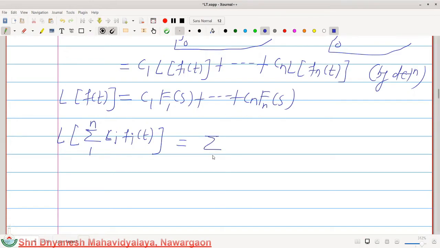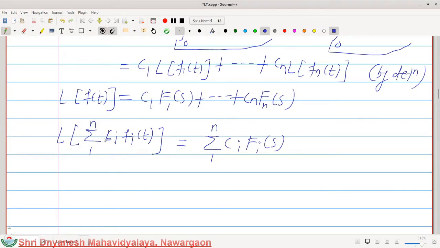This is the sum of constant ci's and Fi's, i varies from 1 to n. I hope you understood this.